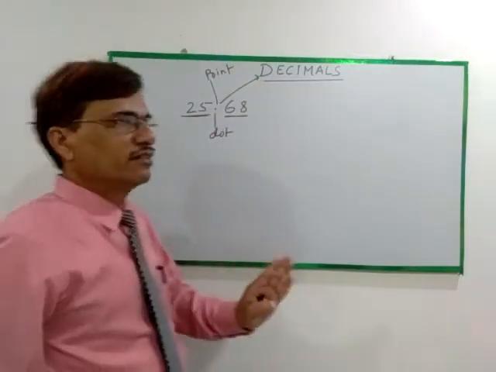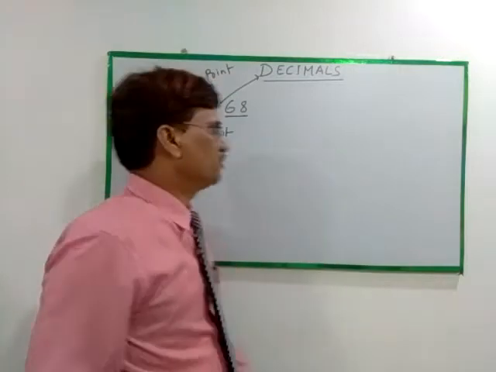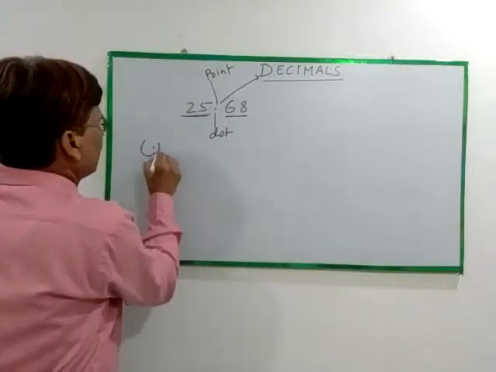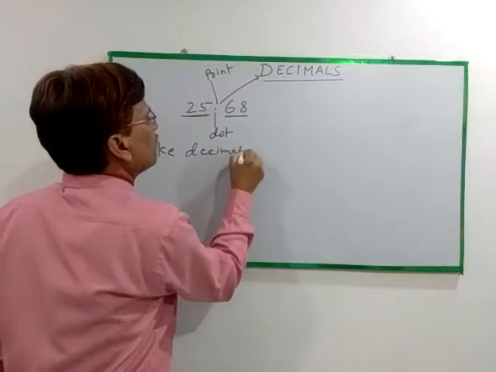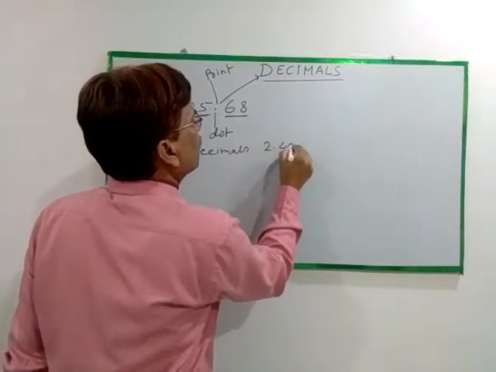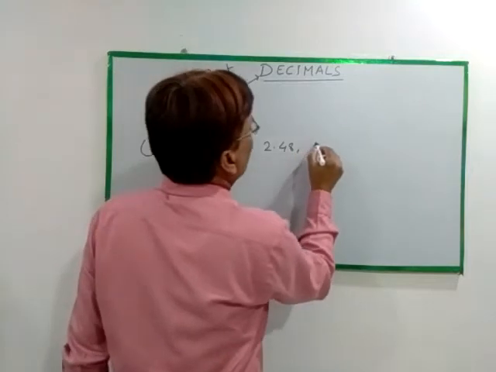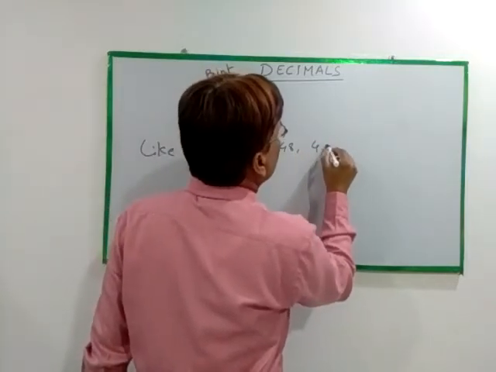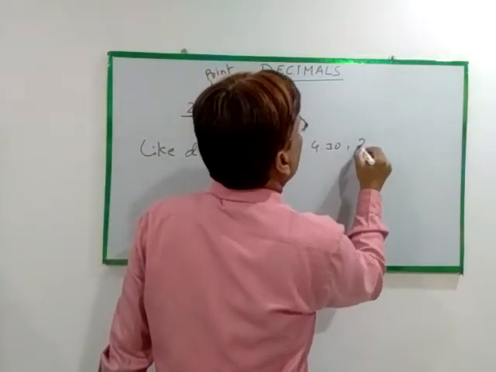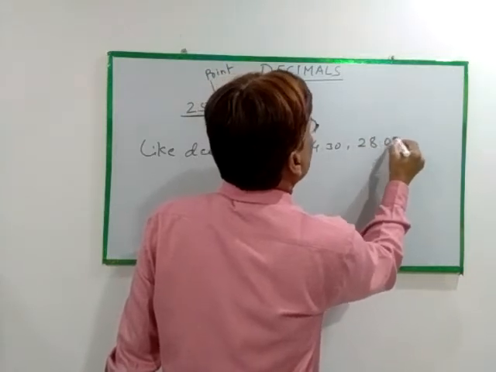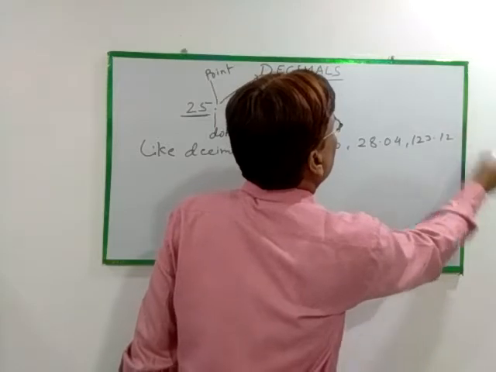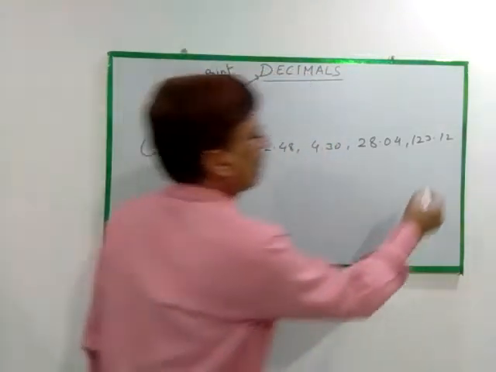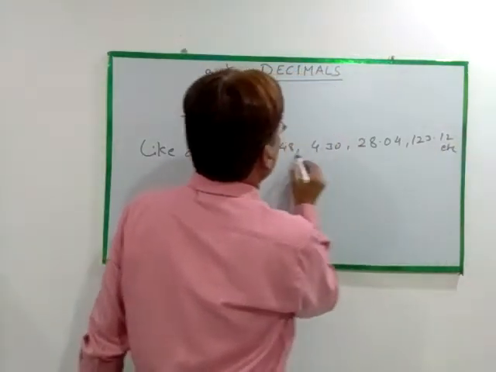Now, like and unlike decimals. Like decimals: 2.48, 4.30, 28.04, 123.12, etc. These are like decimals.